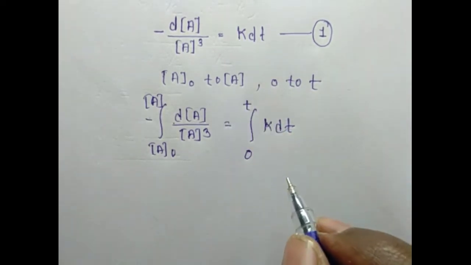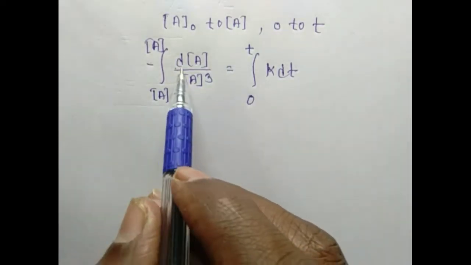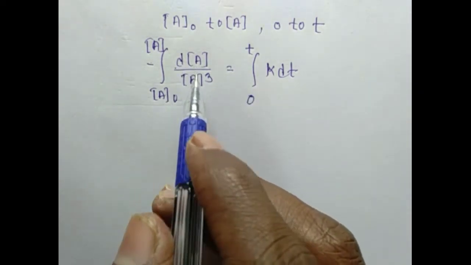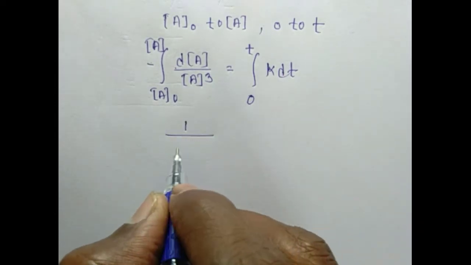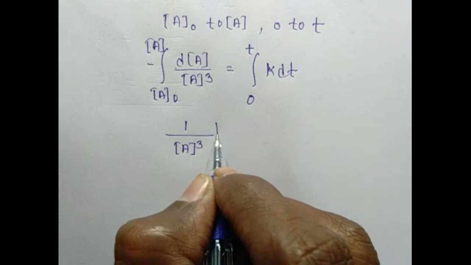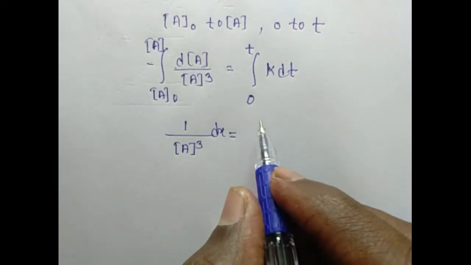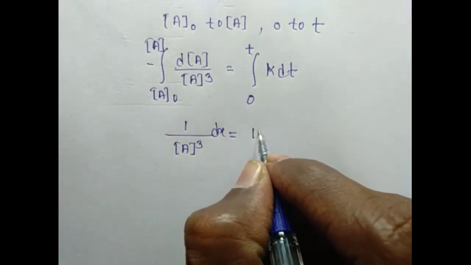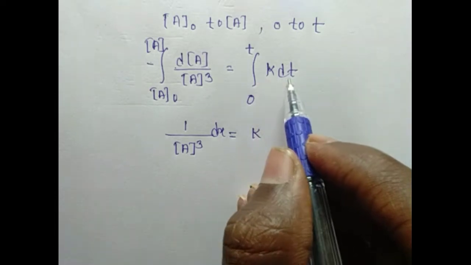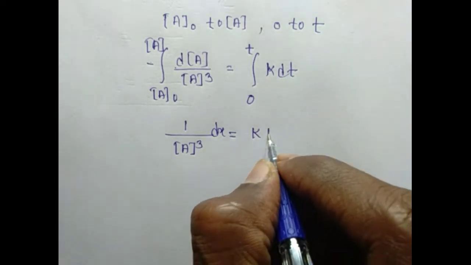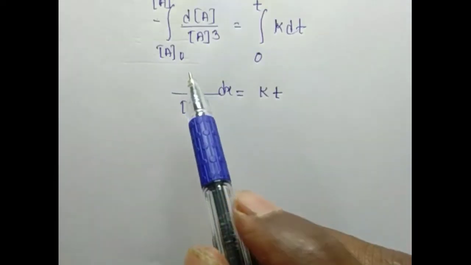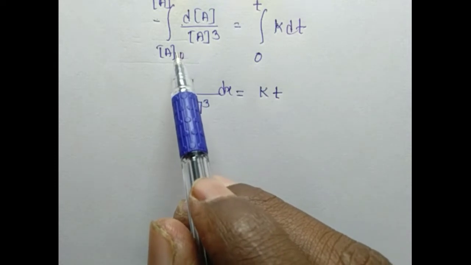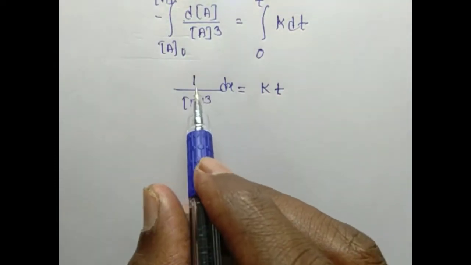On integrating, the left hand side is 1 upon A cube dA, and for the right hand side, K is constant so it stays outside the integration sign, and the integration of dt is t. Here it is the integration of dA, not yet putting the limits.